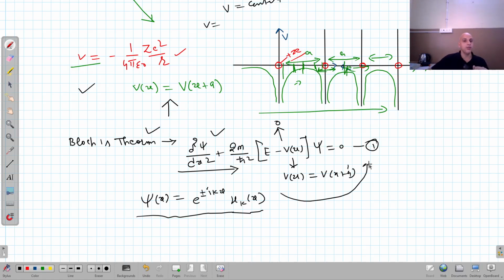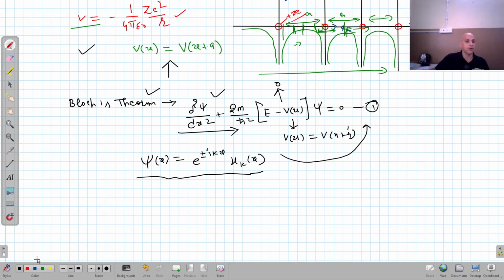According to Bloch's theorem, the solution is a plane wave modulated by a function which has the same periodicity as the potential. I mean u_k(x) is equal to u_k(x + a). This is the statement and meaning of Bloch's theorem.